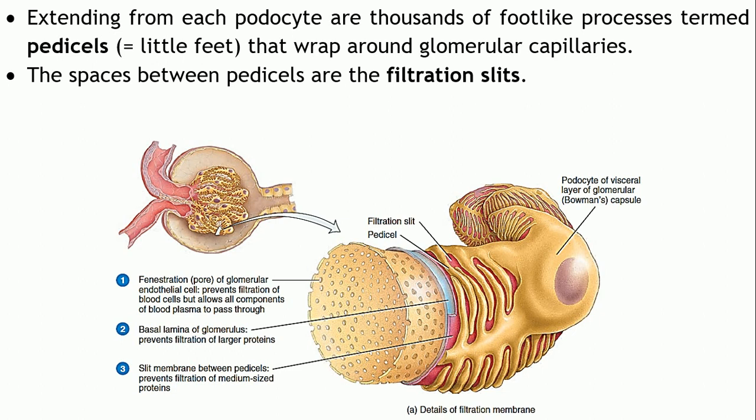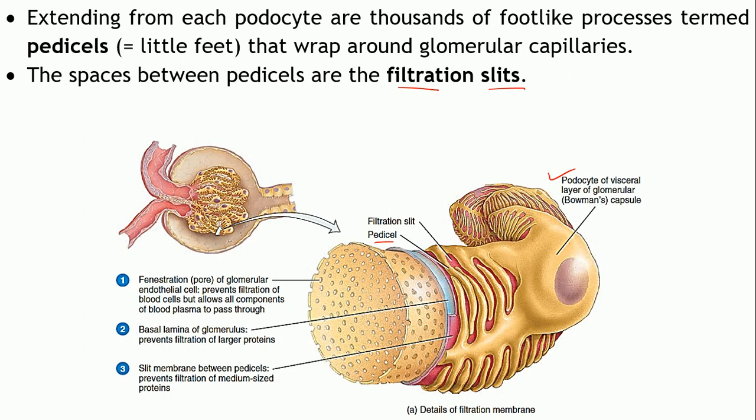And coming to the third barrier, that is the slit membrane. Okay. So as we have seen that there is filtration slit which is present in between the pedicels. Now what are pedicels? These are the foot-like projections of your podocytes, right? So podocytes, they give out foot-like projections which are actually wrapping around your capillaries.